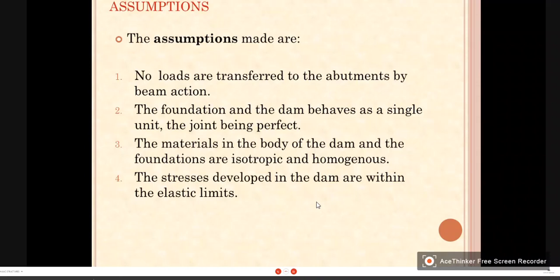The material in the body of the dam and the foundation are isotropic and homogeneous. The stresses developed in the dam are within the elastic limit. These are the assumptions we made.